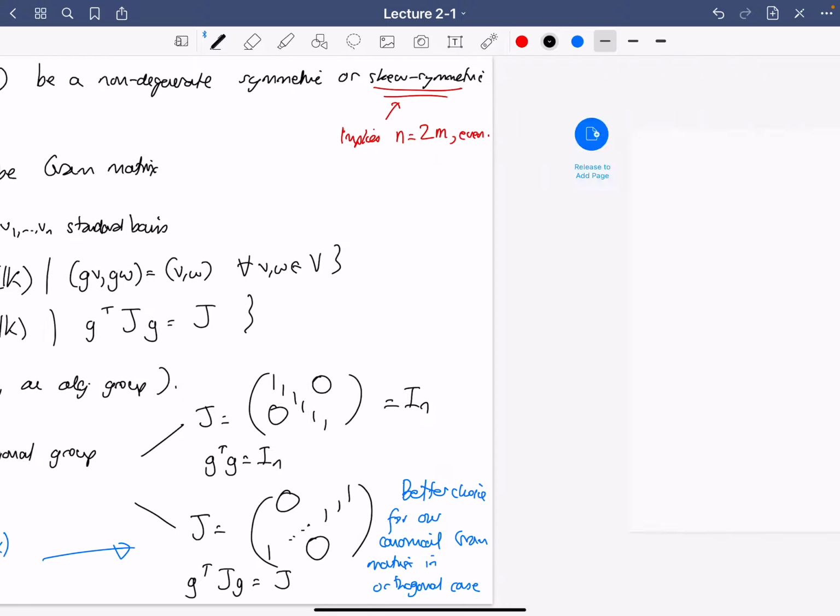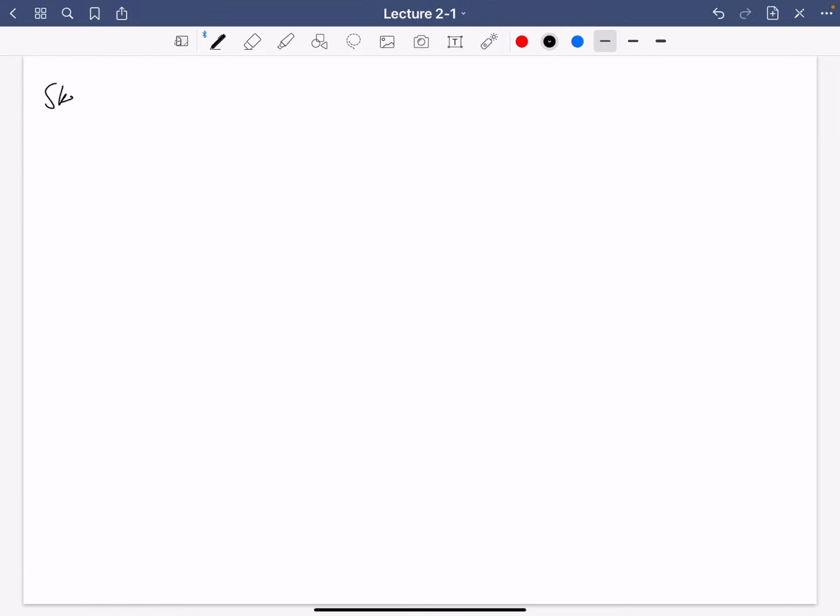So that's the symmetric case, and then in the skew symmetric case, G is called the symplectic group, and so again, there's kind of two choices.